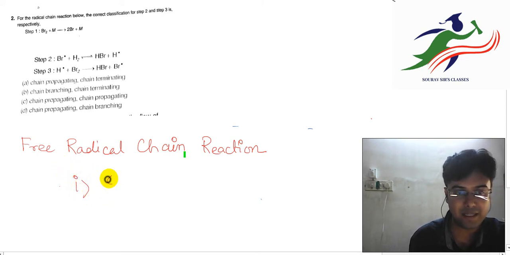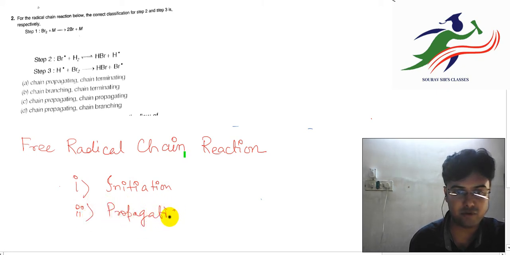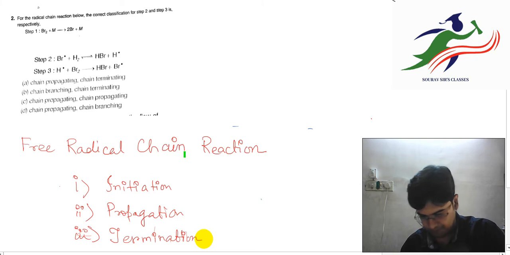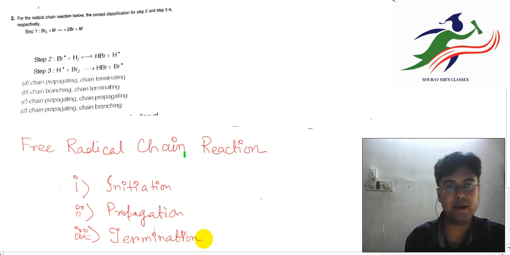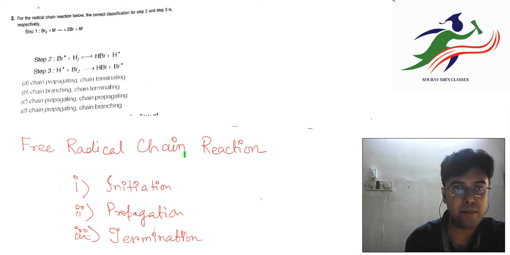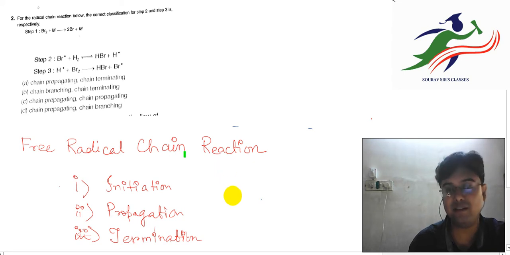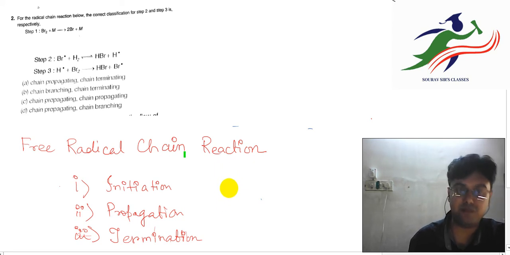Number 1, the initiation, number 2, propagation, and number 3 is termination. Propagation steps may be more than one. Let us take some examples to make ourselves understand what these 3 types of steps mean.